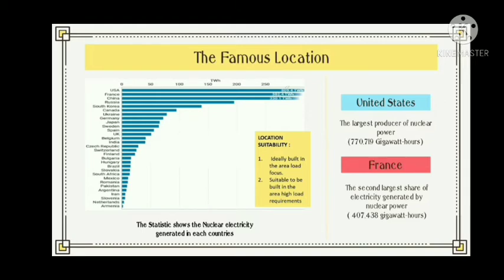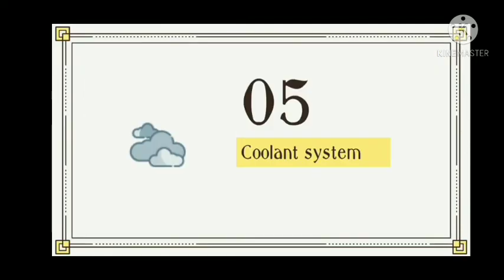The United States is the largest producer of nuclear power, while France has the largest share of electricity generated by nuclear power. Then, nuclear energy is suitably built in load-focus areas and also in areas with high load requirements. Point 5 is cooling system.